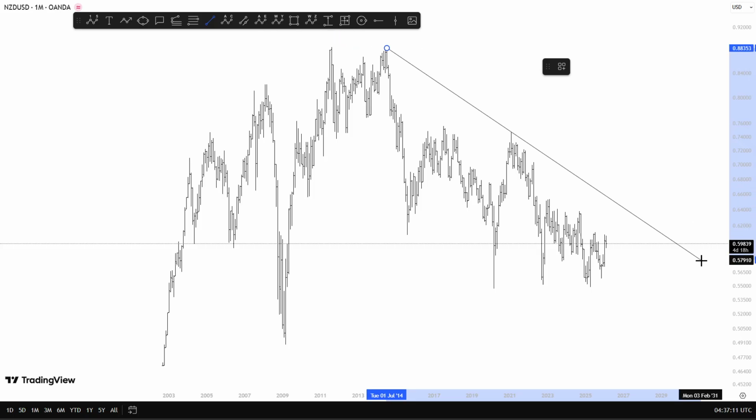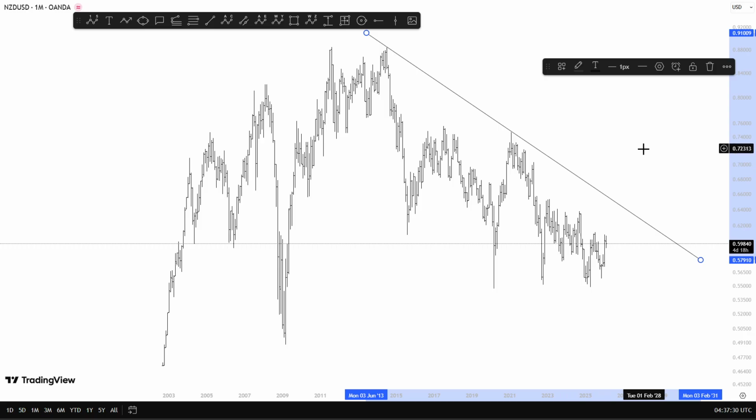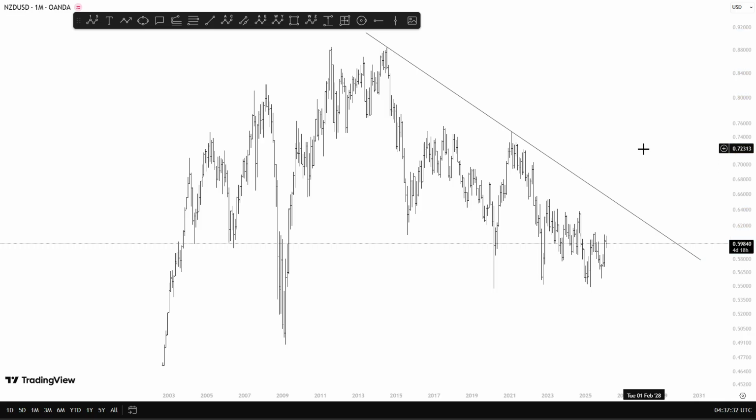Another advantage of trading New Zealand USD is that it is linked and controlled by factors that don't change randomly, like economic data, interest rate, commodity prices, and overall market sentiment.